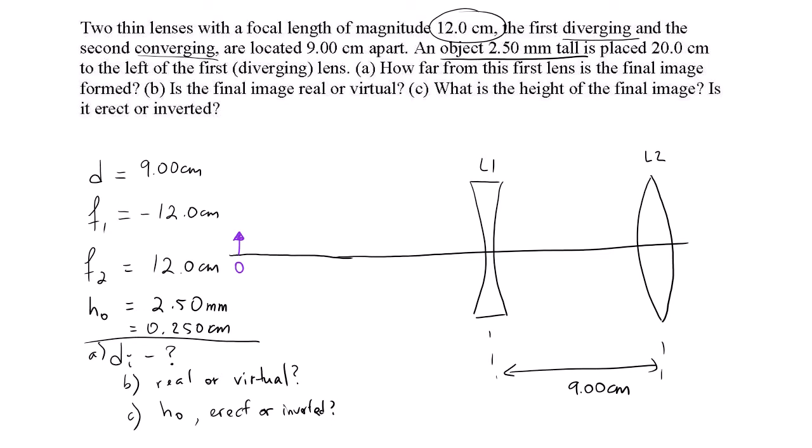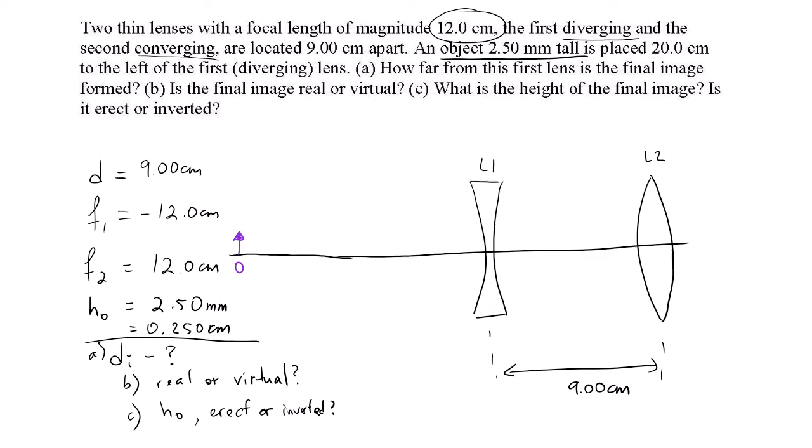Now, to find the distance of the image, we need to understand one thing: the light from the object is going to pass through lens 1 and create the first image, and that first image is going to serve as an object for the second lens.